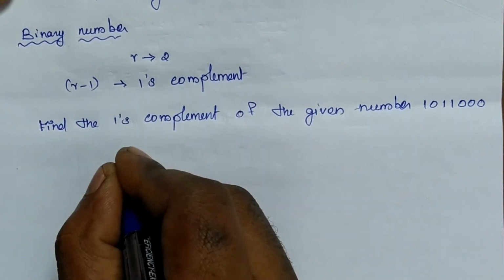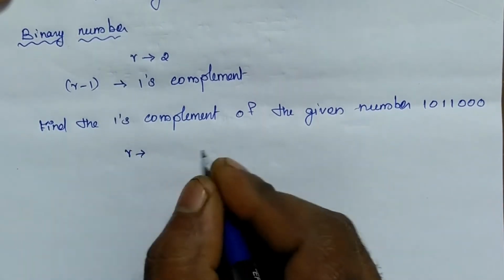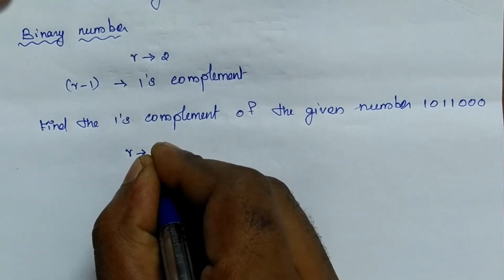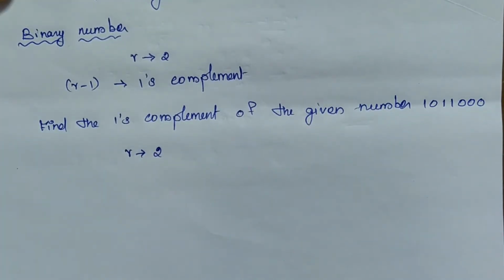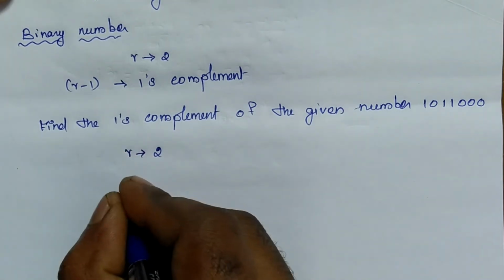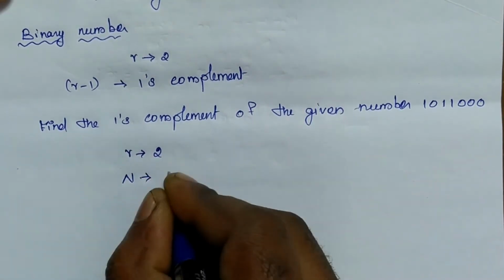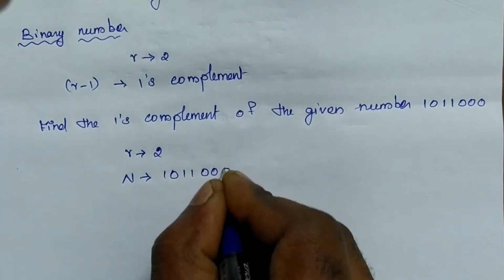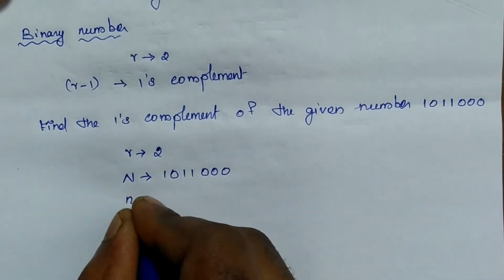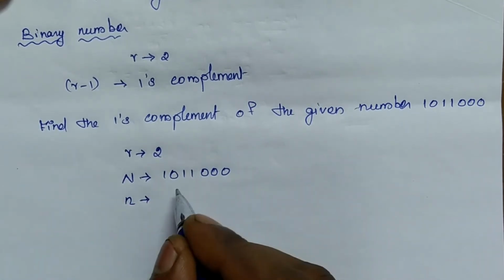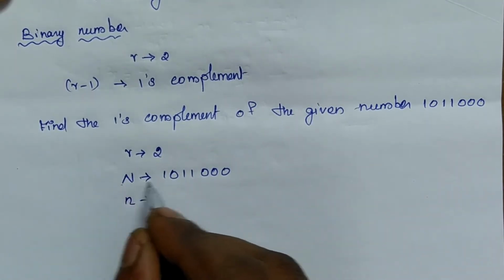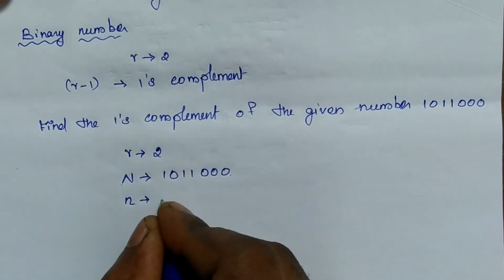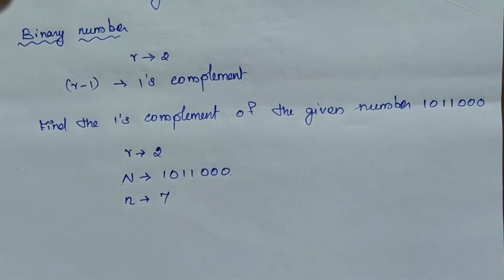First we need to write the value R. R is nothing but radix. Here it's a binary number, therefore here the R value is equal to 2. Then the given number capital N is equal to 10110000. Then small n, which is nothing but number of digits in the given number. So here 2, 4, 6 plus 1, 7. Okay, totally 7 digits.